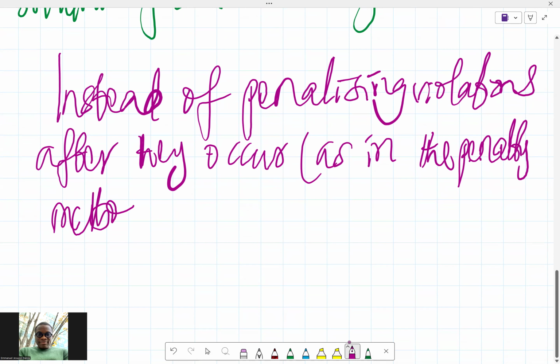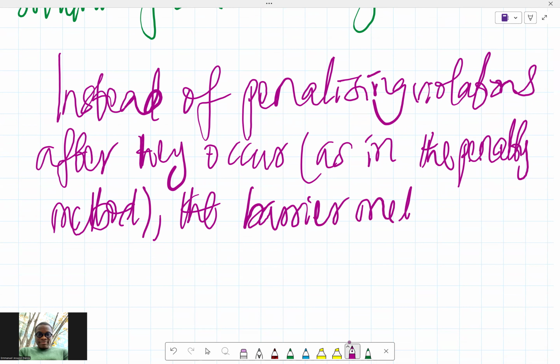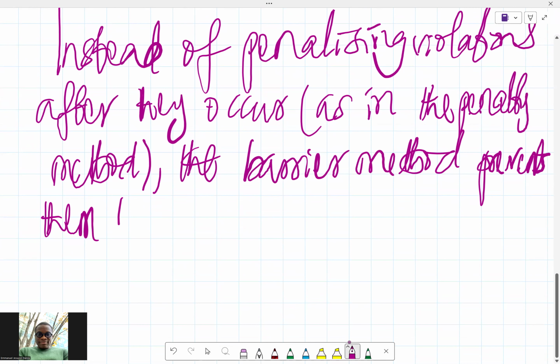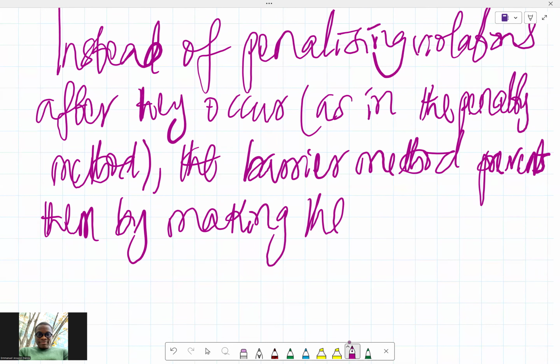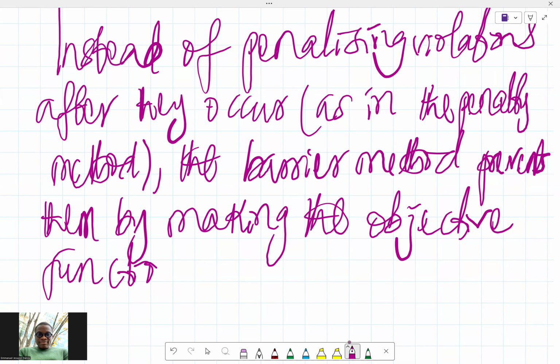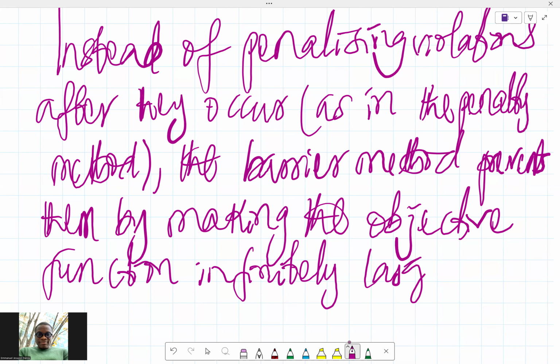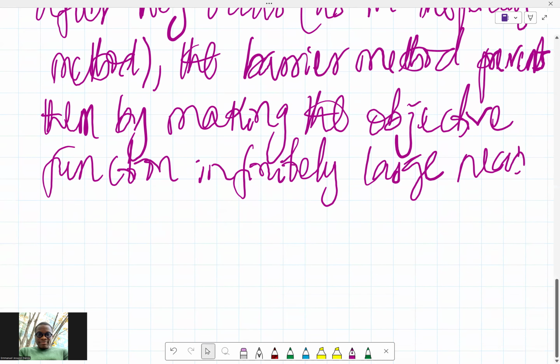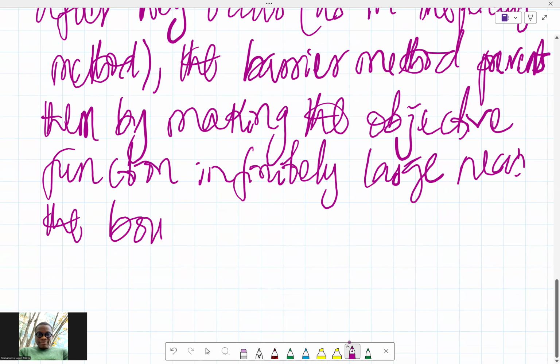The barrier method actually prevents them by making the objective function infinitely large near the boundary of the feasible region.